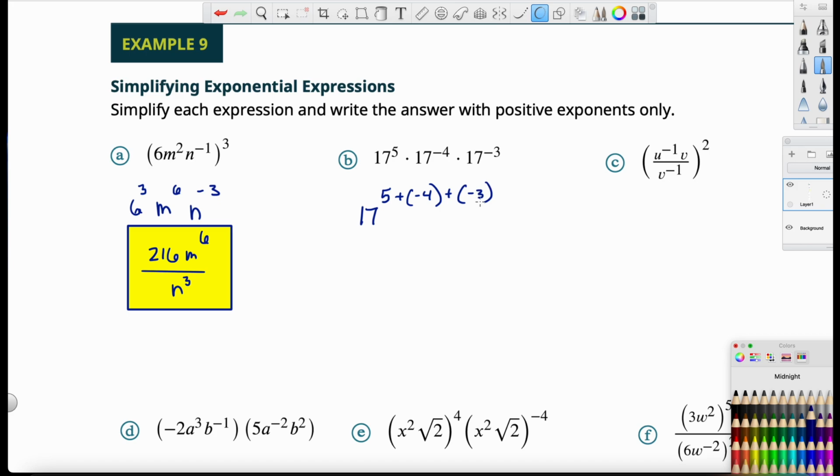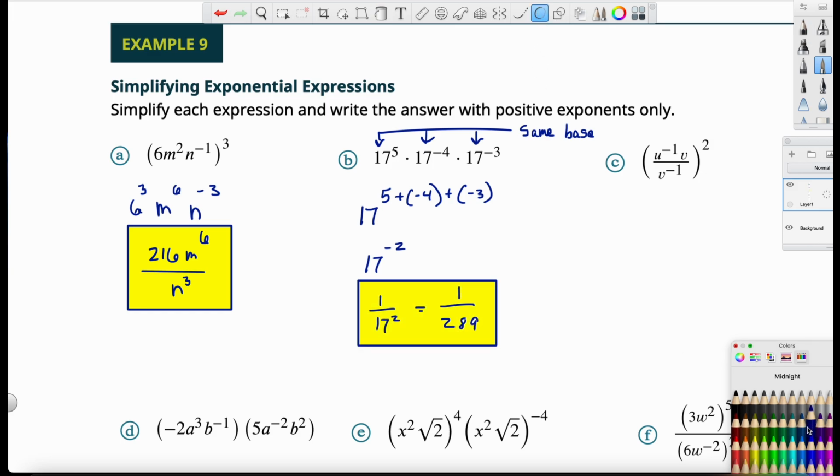Part B here, we have the same base, 17. So we're just going to use the product rule and add the exponents. And we want to write the exponents as positive. And I can expand that to 1 over 289.